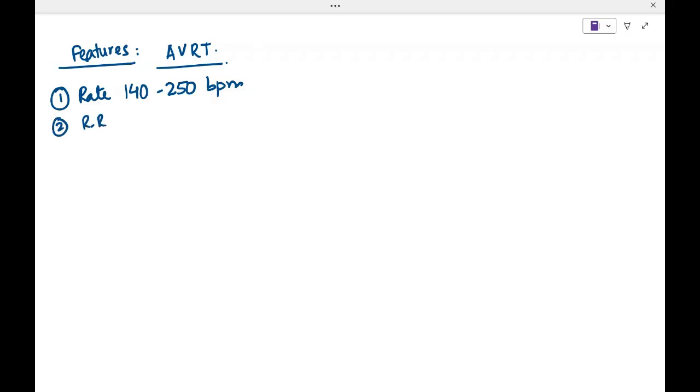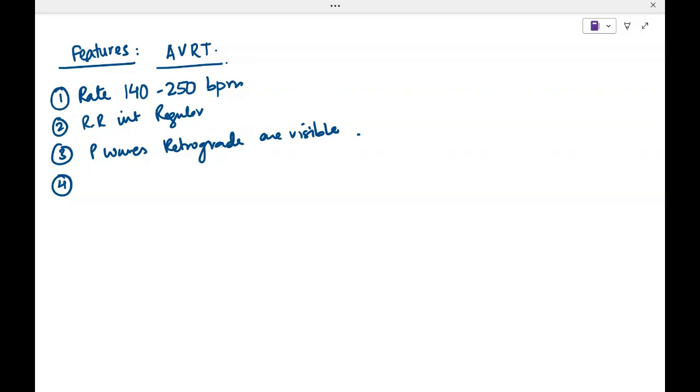The RR intervals are regular. The retrograde P waves are visible. This is important and differentiates it from AVNRT, where the retrograde P waves are invisible in a typical AVNRT. In AVRT, the P waves are visible and the QRS complexes are narrow, as it is a supraventricular tachyarrhythmia.